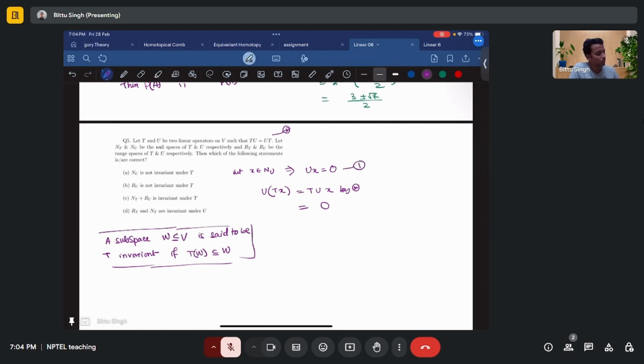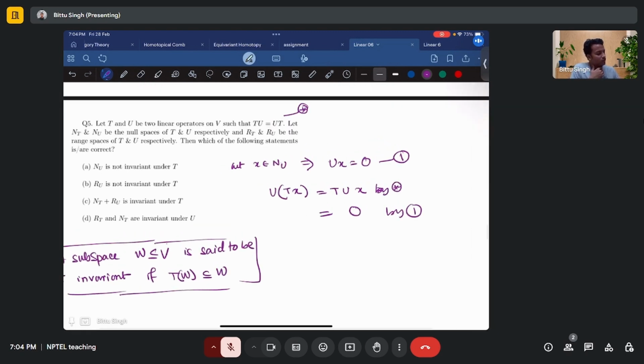So from here the implication is that Tx belongs to NU, right? Tx also belongs to the null space of U. So we have taken an element and applied T over it, and this also belongs to NU.